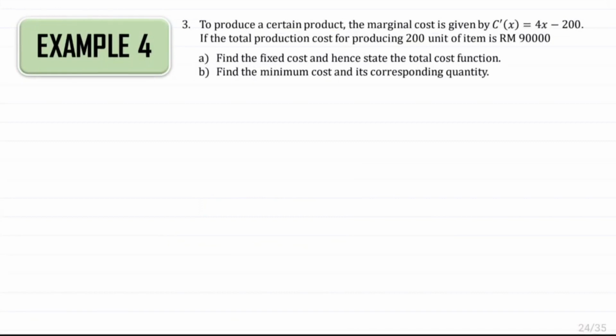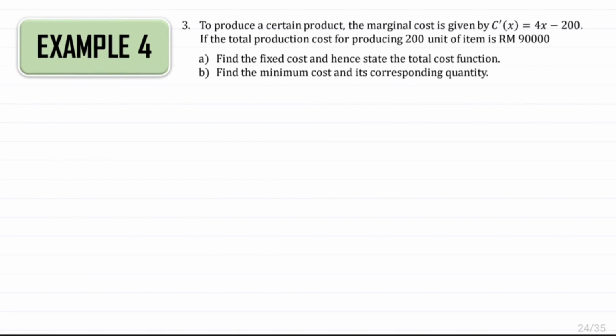Question number 3. To produce a certain product, the marginal cost is given by C'(x) equals 4x minus 200. If the total production cost for producing 200 units of the item is 90,000, A, find the fixed cost and hence state the total cost function. We want to find the fixed cost and the total cost. We already have C'(x).